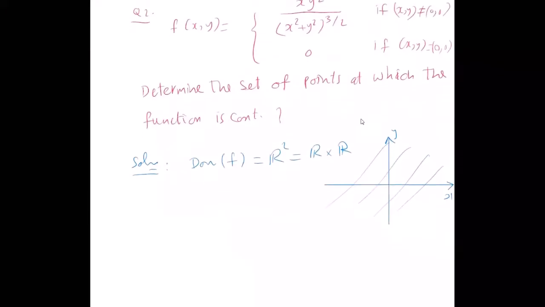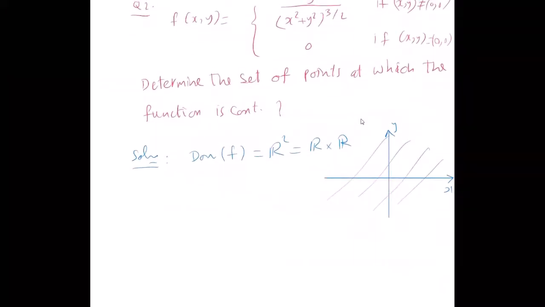The second thing: is the function defined at 0, 0? Yes, it is in the domain, so the function is defined. And f of 0, 0 is 0. If the function is not defined, it means the point is not in the domain, so it's surely not continuous at the point. Now the important and long bit is to find the limit of f of x, y when x, y approaches 0, 0.